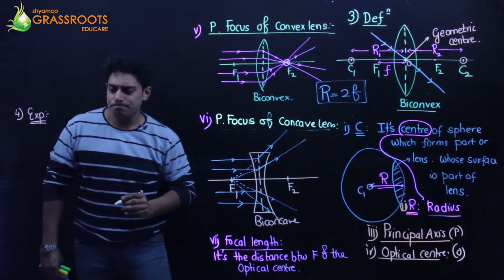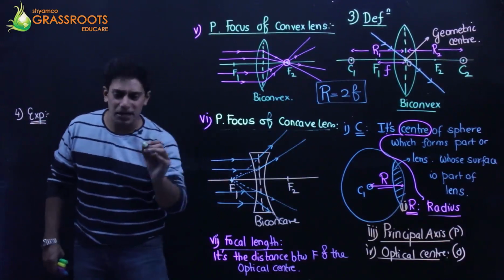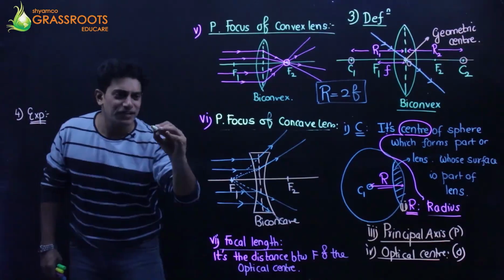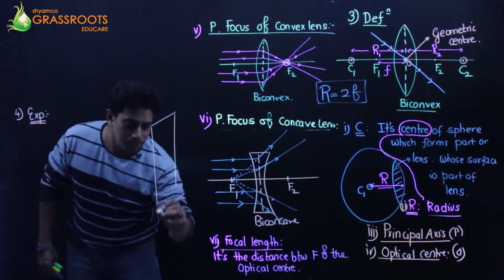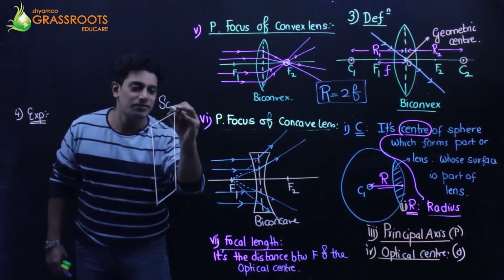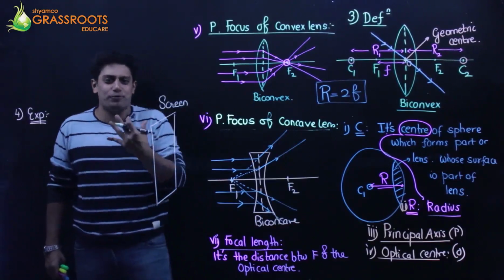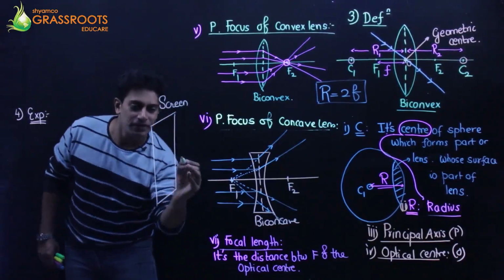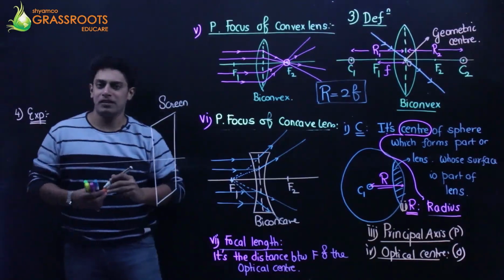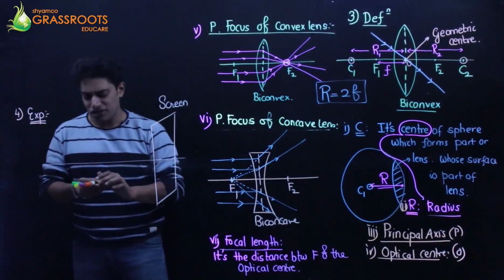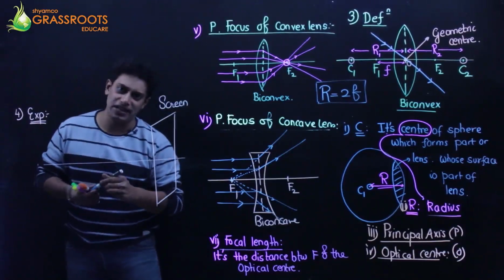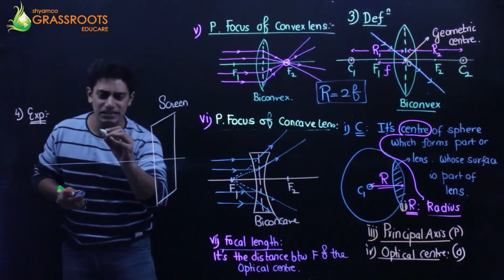What do we do? I've taken a screen. Okay, this is a screen for obtaining, capturing the images. An imaginary line, yes, and in between we keep a lens. Let's keep a lens in between.